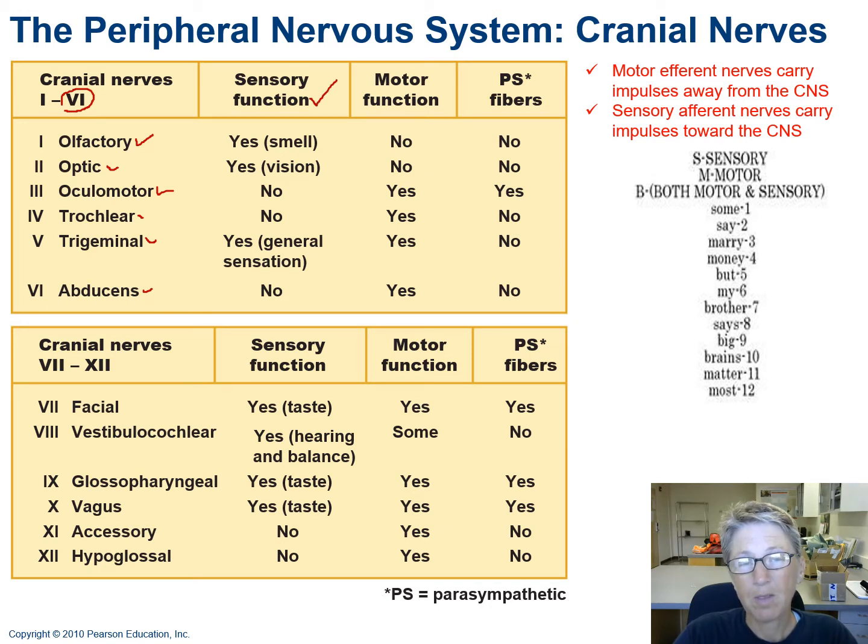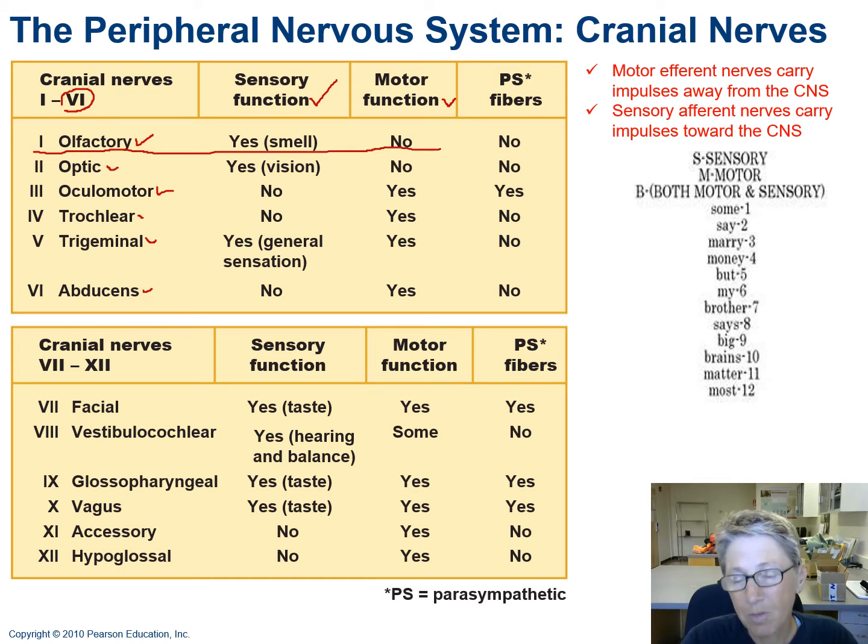That means, is it carrying axons of sensory afferent neurons, or does it have a motor function? Means, is that nerve carrying axons of motor efferent neurons? And we talked about this, the olfactory nerve is purely sensory. It does not have a motor function.